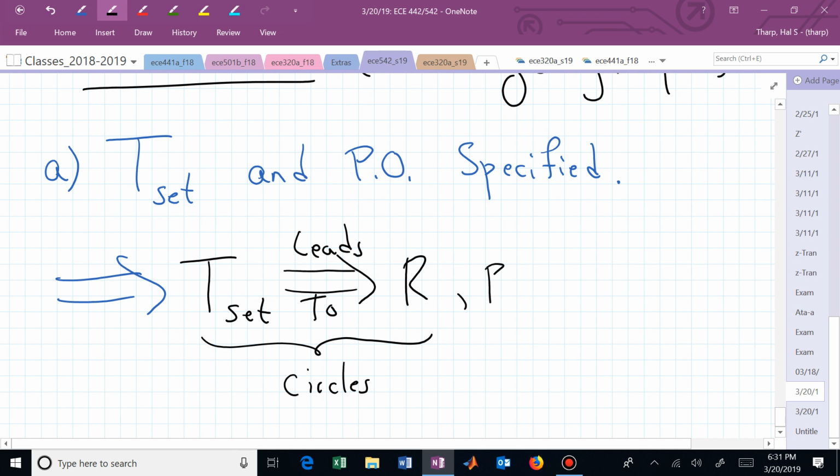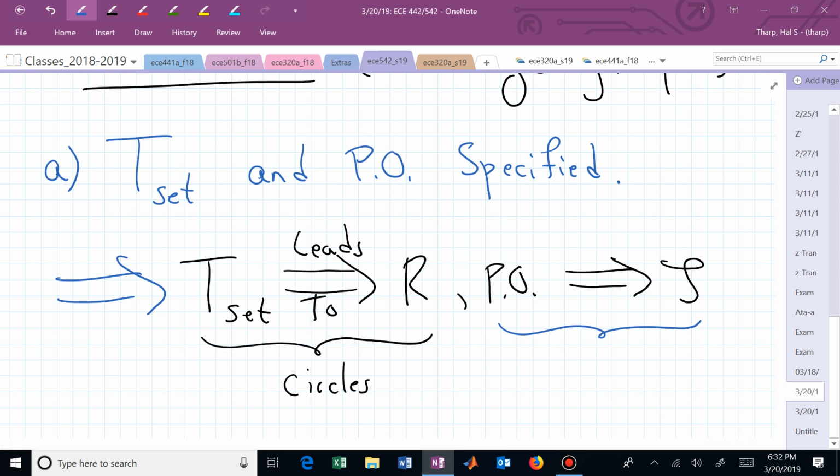What about percent overshoot? That gives rise to zeta, and if I have fixed zetas in the z-plane, it's no longer angles like they are in the s-plane. They're now logarithmic spirals, or you're now seeing hearts. If somebody gives you a percent overshoot, now you're seeing hearts.